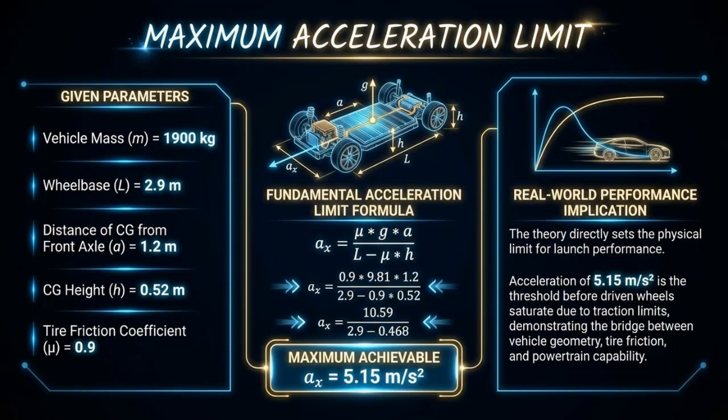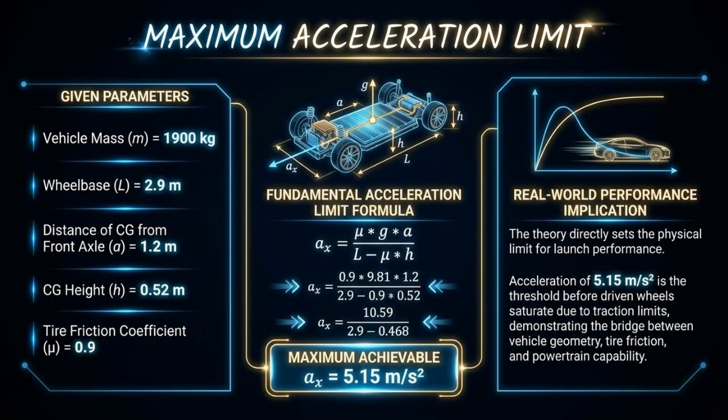Using this traction-limited acceleration formula, we substitute real vehicle values. The vehicle mass is 1,900 kilograms. The wheelbase is 2.9 meters. The distance from the center of gravity to the front axle is 1.2 meters. The center of gravity height is 0.52 meters. The road friction coefficient is 0.9.